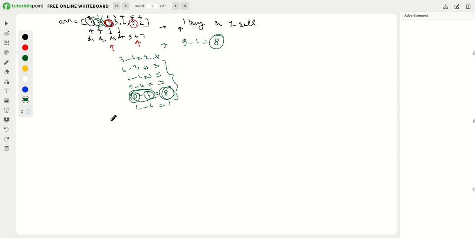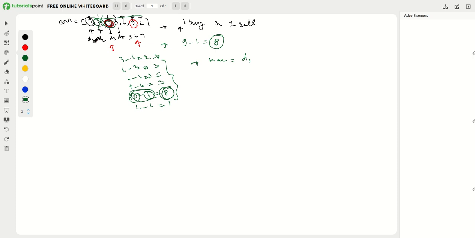So how are we going to approach this problem? Basically, we will consider our maximum profit as, suppose, the first day, d1. Then we will traverse the whole array and check what the minimum value is where we buy.